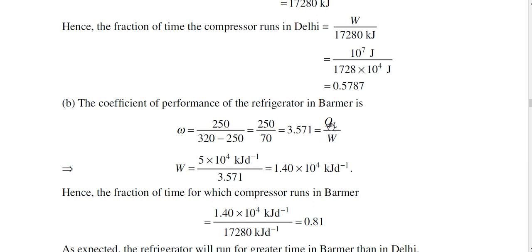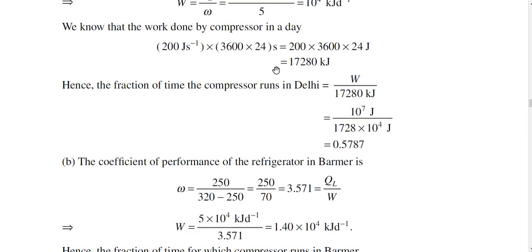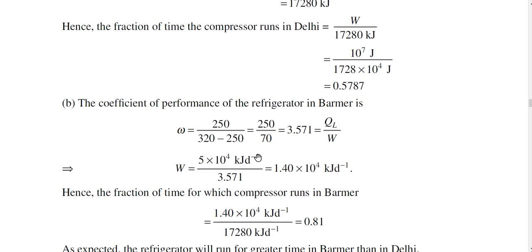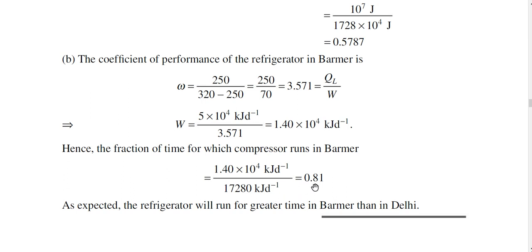So omega is equal to QL by W. Then we have calculated W for the second case. So for the second case the value of W will be this one. So the fraction of time for which the compressor runs in the second case will be the work done W divided by the total work in a particular day, that means this one, 17280. So in the second case the fraction appears 0.81.